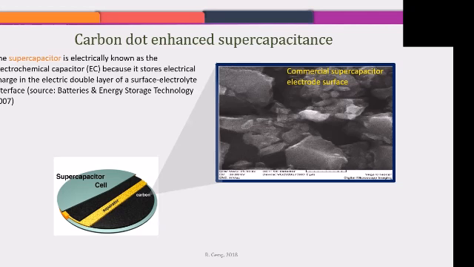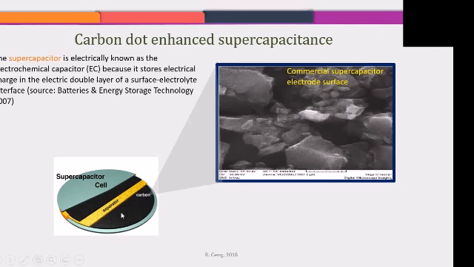The very first application that we had for the carbon dots was supercapacitors. Since they are electrically active because they are made of carbon, why not exchange the carbon material in the supercapacitor with the carbon nanomaterial that we have? A supercapacitor is basically, I'm not a physicist, but it is known as an electrochemical capacitor because it stores electrical charge in the electrical double layer of a surface electrode interface.